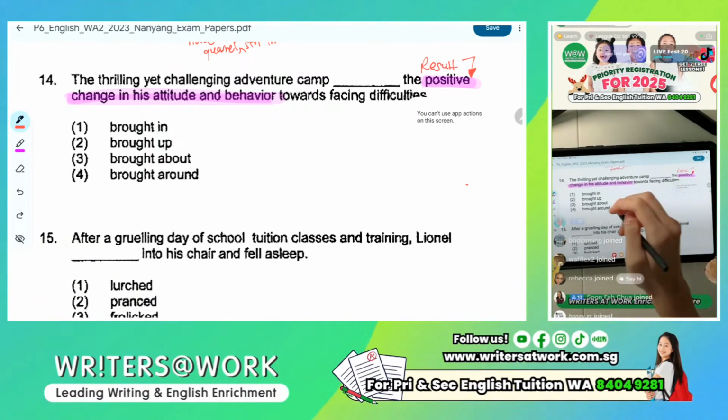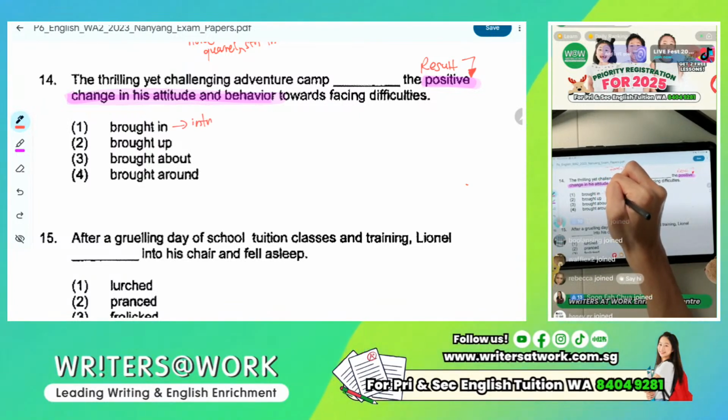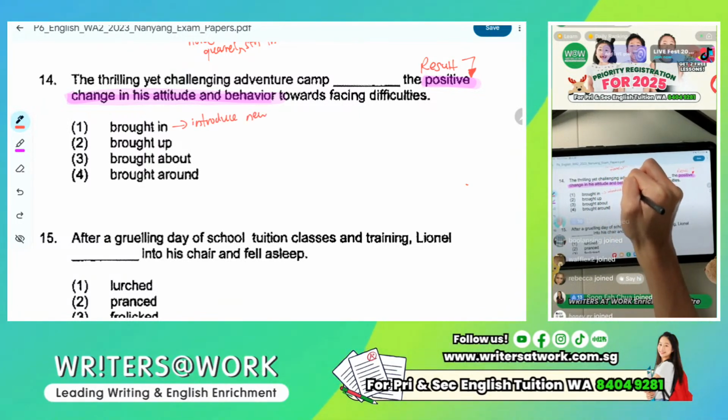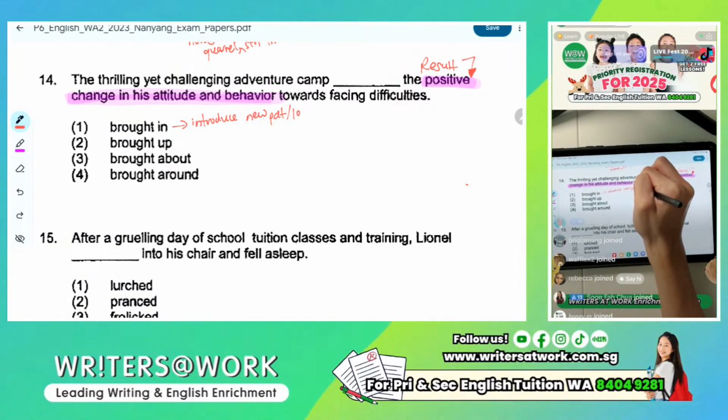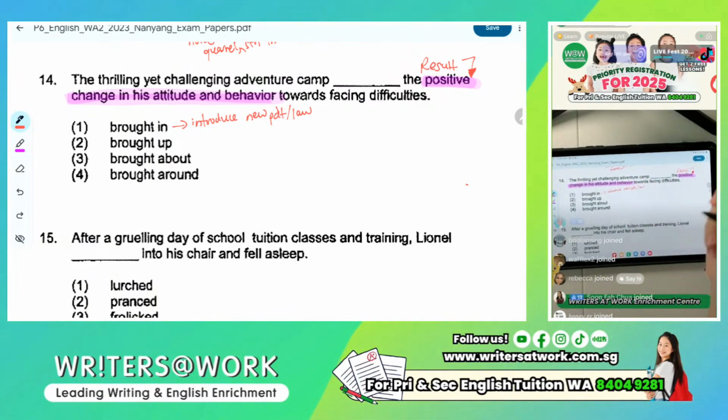So looking at our options, the first one is brought in or bring in. That means you're trying to introduce a new product or law. So you could say like the car manufacturer brought in this new product to Singapore.